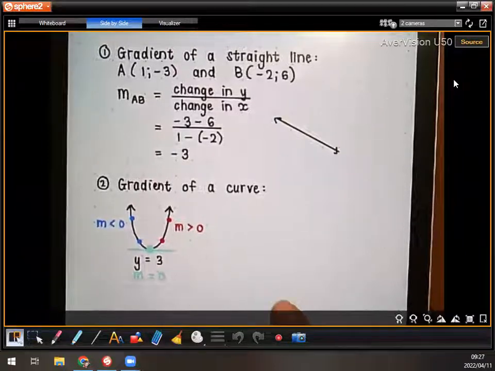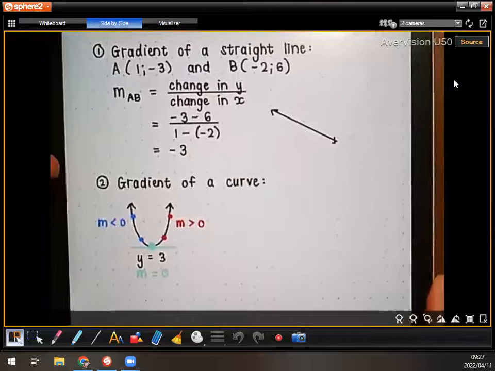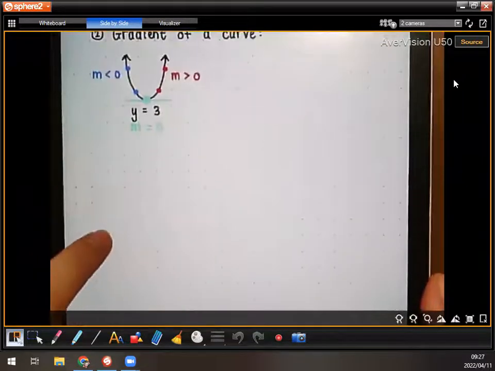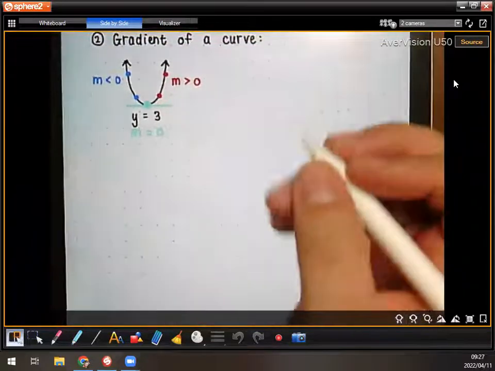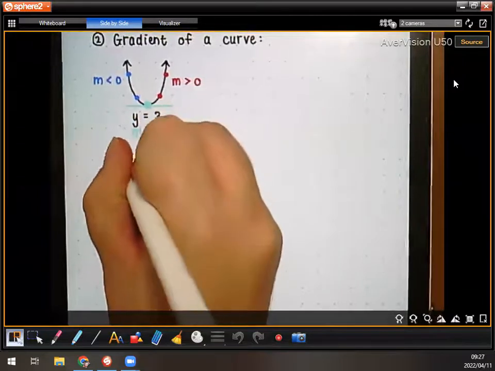Okay, here's an example. All right, guys, I'm going to move down. Are you all done copying down that first bit, number 1? Okay. I'm going to do the example underneath this diagram, but you can do it on the side if you have space.